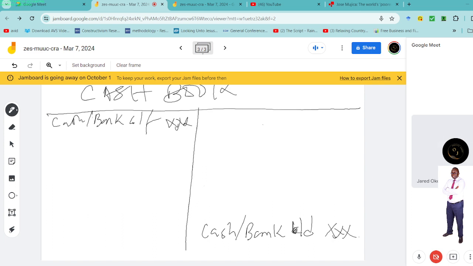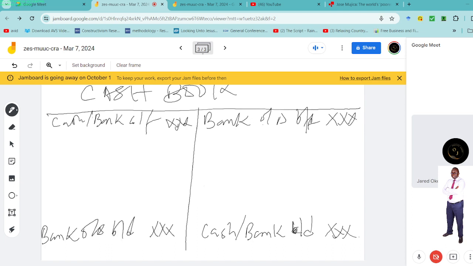If there was a bank overdraft as the starting point, our bank overdraft brought forward will be on the credit side of that cash book. And then our bank overdraft brought down will be on this other debit side of our cash book.